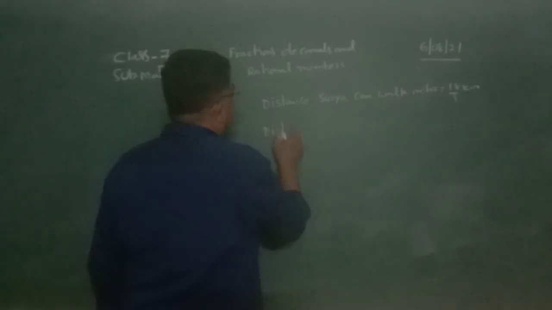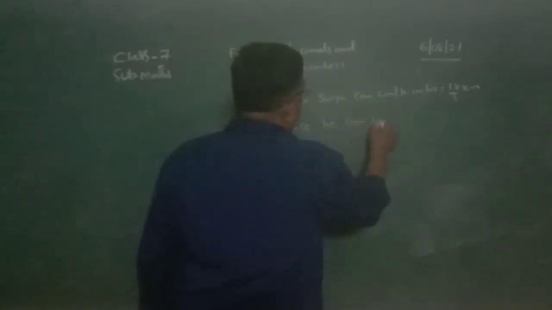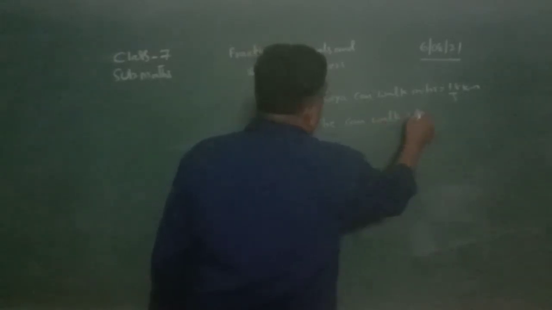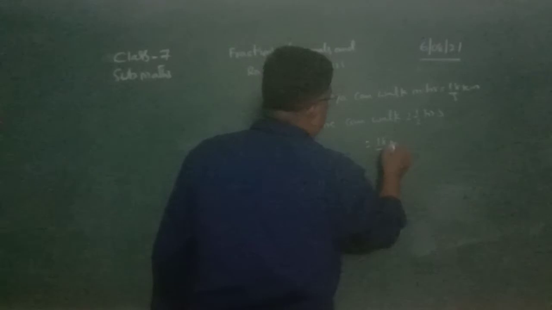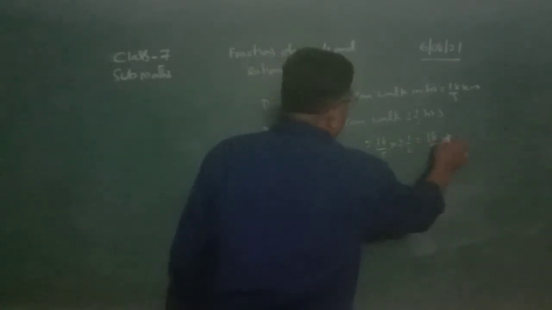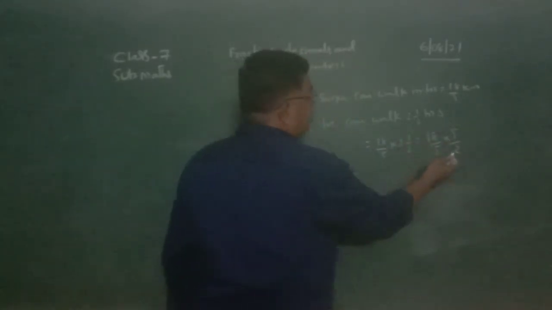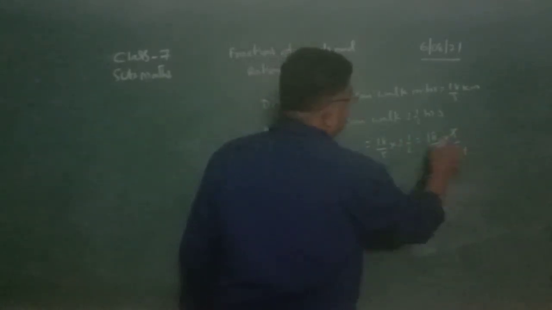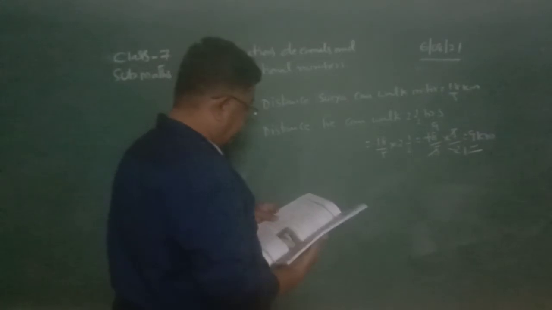Distance he can walk in 2.5 hours is equal to 18 by 5 into 2.5, which is 18 by 5 into 5 by 2. 2.5 is a mixed fraction, convert that into improper. 5 by 2, 5 5 cancels, 2 ones 2, 9s. So the distance he can walk in 2.5 hours is 9 kilometers.